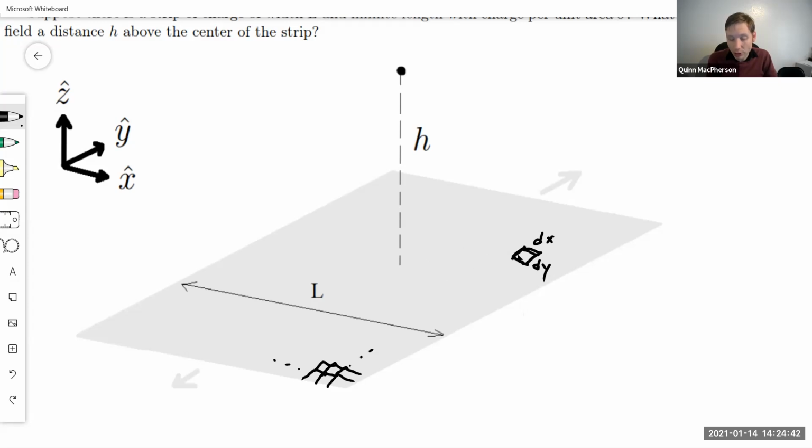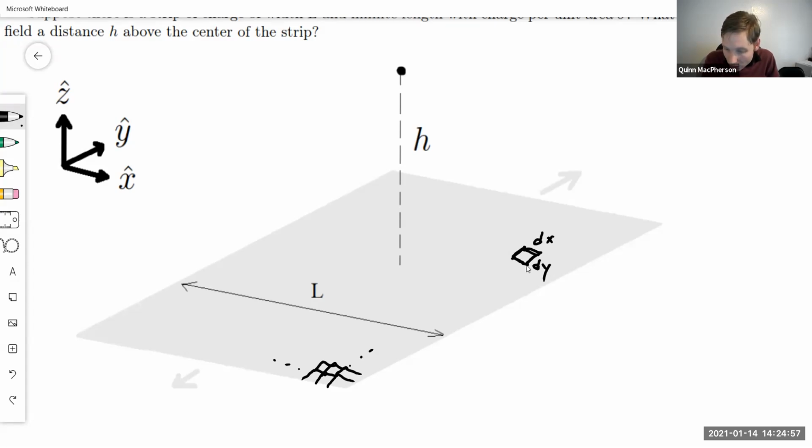So here's an example little square. What is the field due to this little chunk? As is typically the case when you do this, you want to pick an arbitrary little square, not like the corner one. It helps to pick an arbitrary one and then label its position.